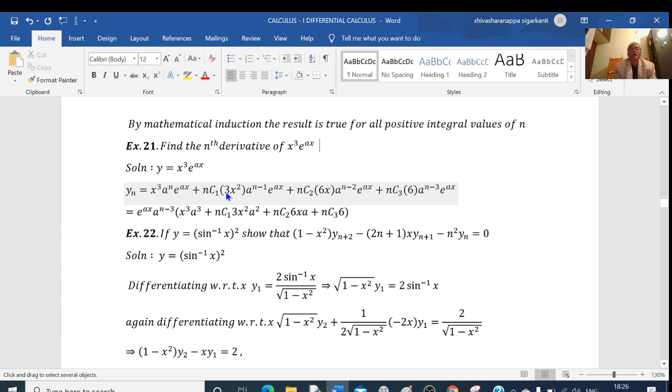Here 3x square remains and a square remains, plus here nc2. 6x remains, 1a remains, plus nc3, 6 remains, a raised to n minus 3, and e power of ax is a common factor. So this is our nth derivative. Next example.